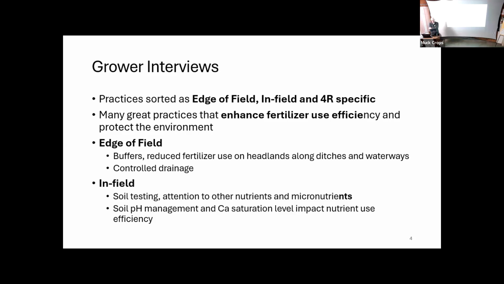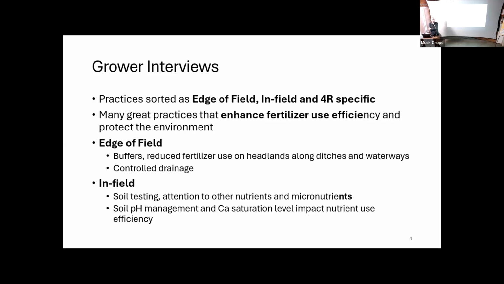Practices at the edge of a field, like buffers, which, by the way, we're doing a project on right now. We looked at reduced fertilizer use on headlands, along ditches and waterways as a means of keeping the phosphorus in the field. And we also had practices on controlled drainage.